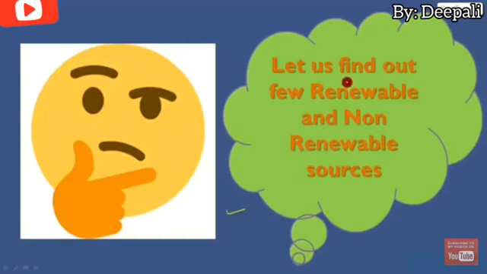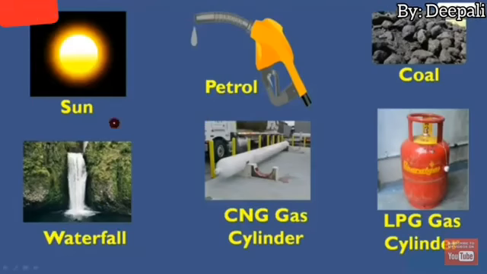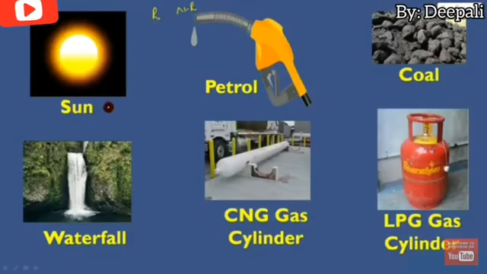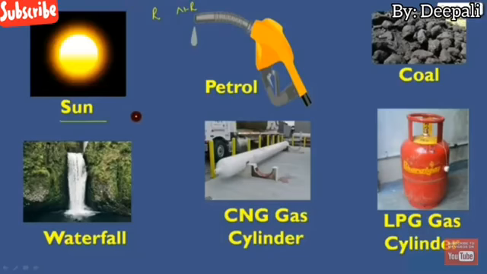Just have a look around yourself. Whatever the kind of sources are present, let us enlist them like sun, petrol, coal, waterfall, CNG gas cylinder, LPG gas cylinder. And we will classify them as natural, renewable and non-renewable resources.